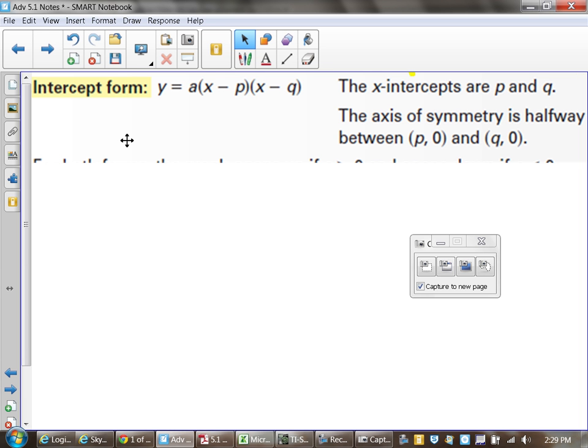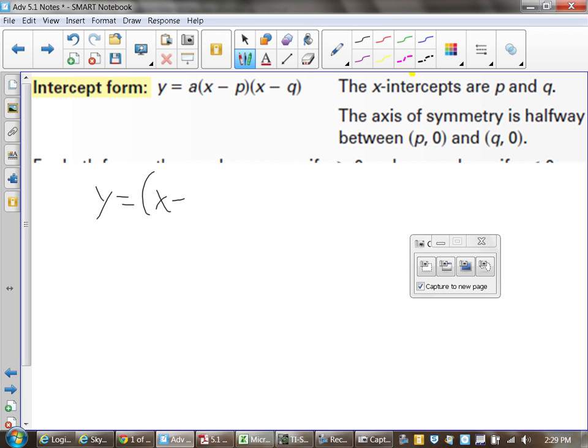What these intercepts are giving you is that from intercept form, you're able to identify the zeros of the function right away. Now, the example I wrote on the board is y equals x plus 4, x minus 3.